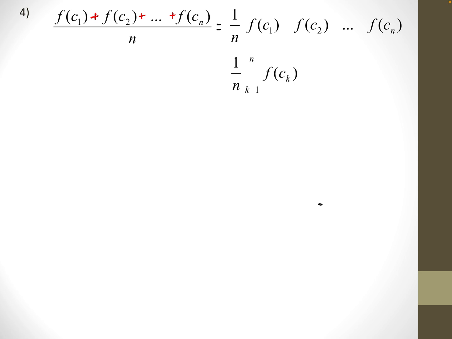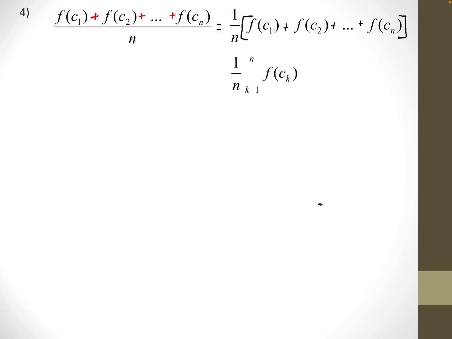So now we see that the n is a common factor, like it's a 1 over n, an n in the denominator. So we common factor that, and we go, okay, so now 1 over n, and then we're left with just adding up all of these function values. So we've common factored that piece out.